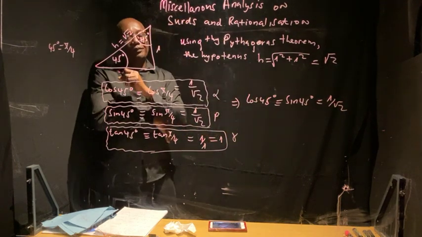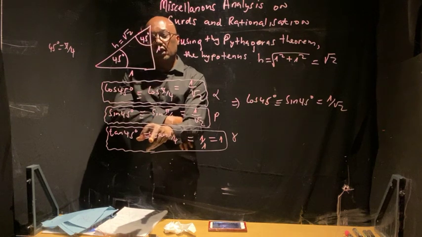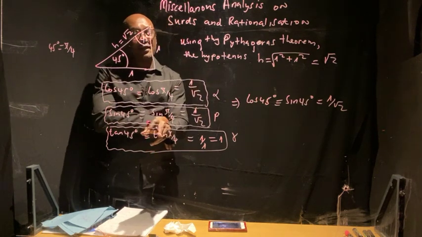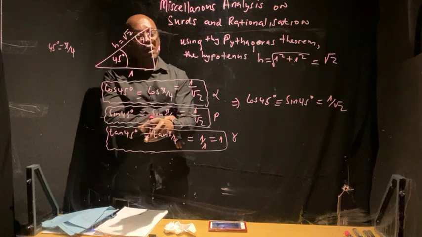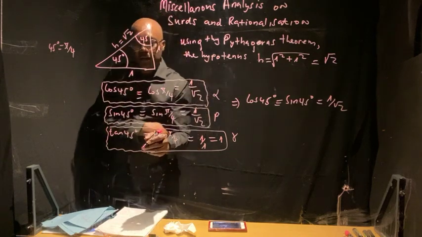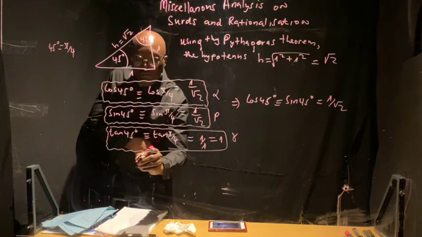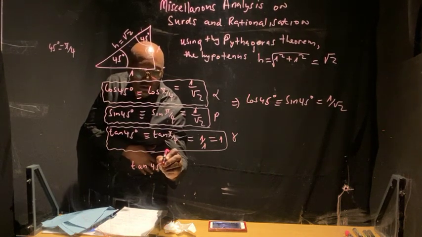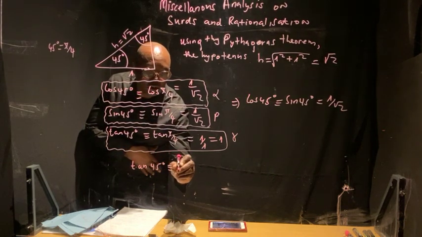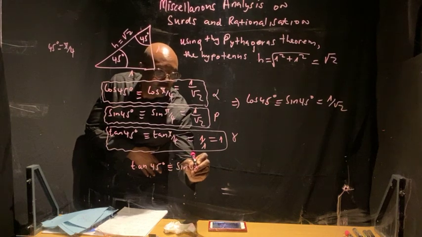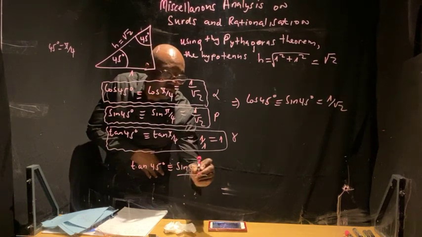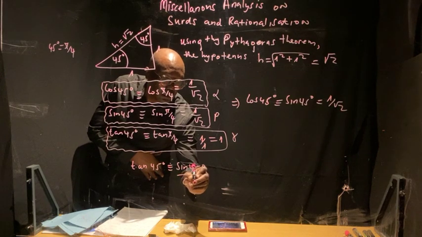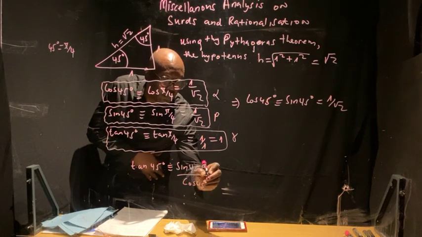And equation gamma can also be derived as tan 45 degrees is equal to sine 45 degrees over cos 45 degrees.